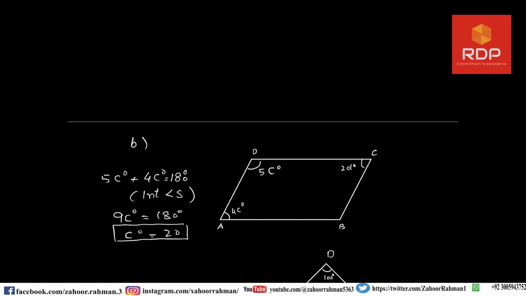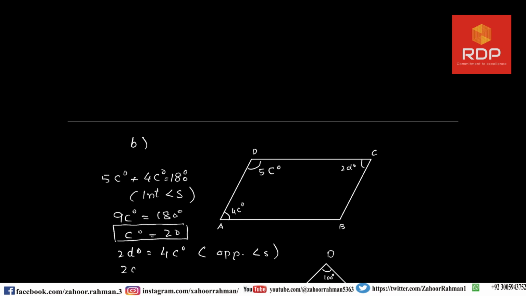Now it is the turn of D degree. Now D degree, 2D degree is equal to, can I write it like this? 2D degree is equal to 4C degree, and that is because opposite angles are equal. We studied the properties in the parallelogram that this is equal.